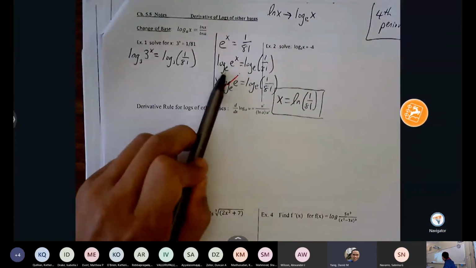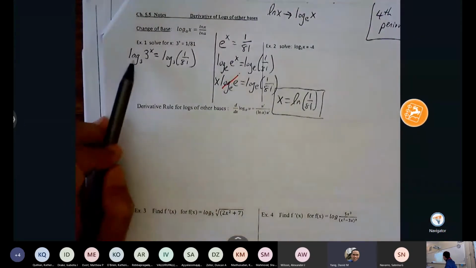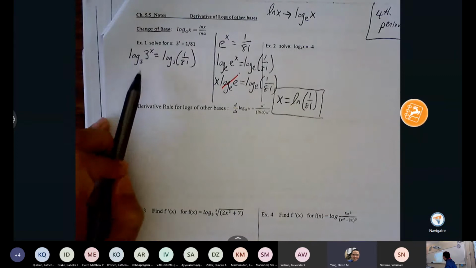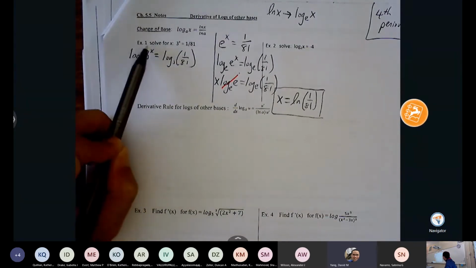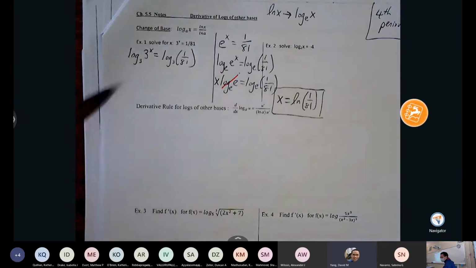So in much the same way how log base e of e goes away, we can expect log base 3 of 3 to go away. But first, I can use my exponent property. I can bring that x down in front.